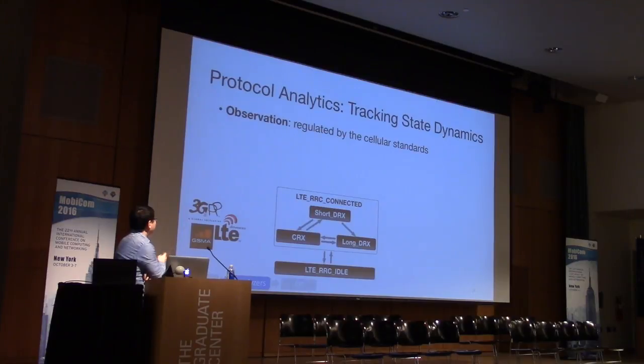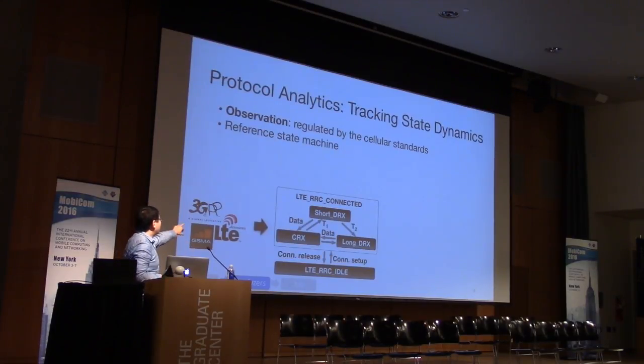To track these dynamics, our key observation is that the device-side state machine dynamics are regulated by cellular standards. These state machines have been standardized, so it allows us to perform a two-phase approach. We first derive a reference state machine out of the standards. Basically, it includes each state and state transition conditions as a function of the runtime cellular messages, which include parameters, message types, and some timers.